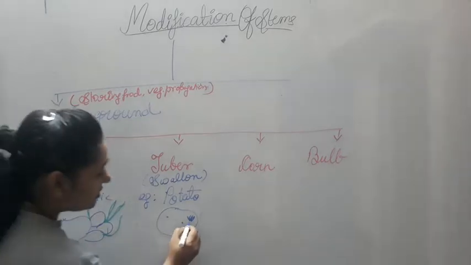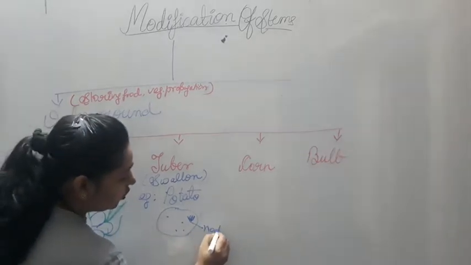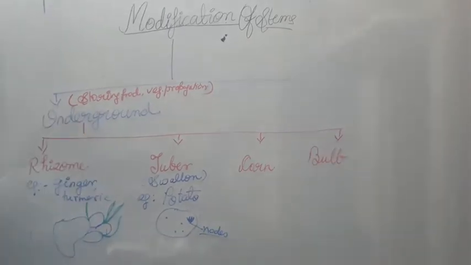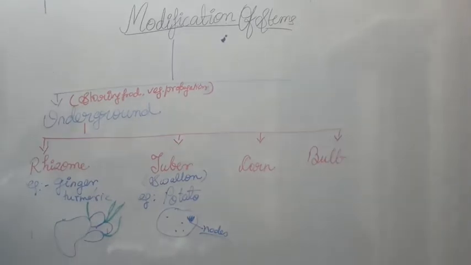Why? Because these have nodes, that means meristematic cells, and that means it will be able to develop a new plant. So for tuber there is the potato, with storing capacity in its body, and that is one example of your underground stem.